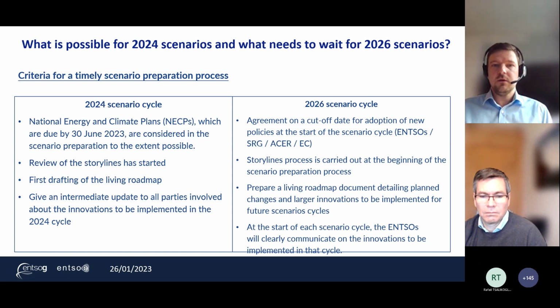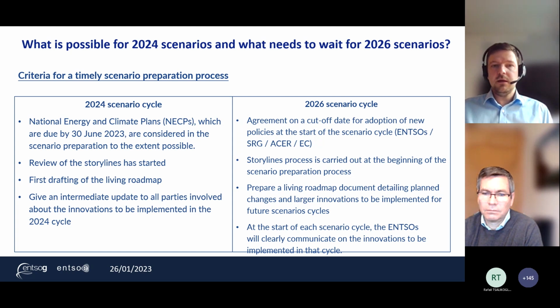Why do we not factor in newly updated policies and strategies published? Because, as you can imagine, the scenario process takes almost 2 years. And if there's something coming on the very last day, it's almost impossible for us to incorporate this. But to have an agreement on that beforehand is quite useful for the process.